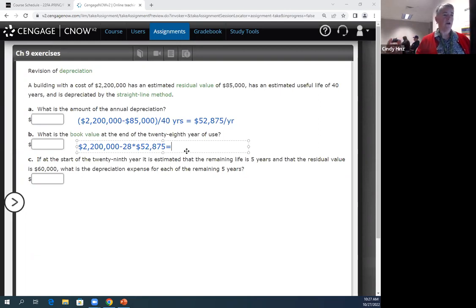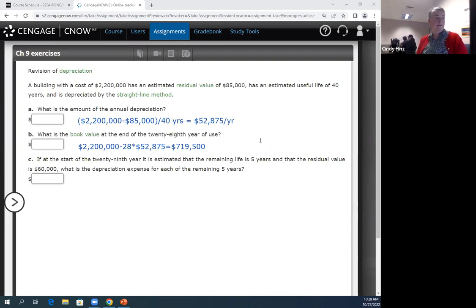That's 28 years of $52,875 per year. And we're going to subtract that quantity from the original cost to find our book or carrying value at the end of the 28th year. Everybody good so far? Okay, so A and B, both review of last class. You should be comfortable with those.